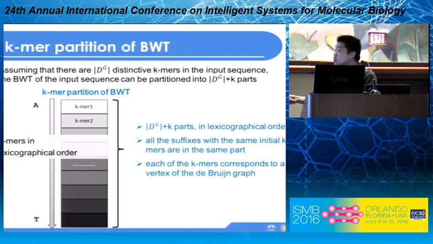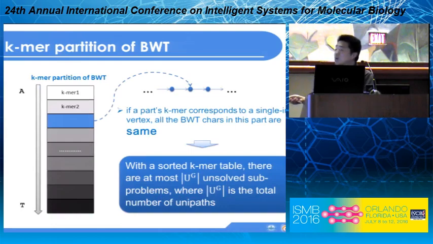And each of the k-mers corresponds to a specific vertex of the de Bruijn graph. With this definition, we have an interesting fact: if a part's k-mer corresponds to a single-in vertex, according to the definition of BWT, all the BWT characters in this part must be the same. That's easy to justify with the de Bruijn graph, as all the previous characters must be the first character of this vertex, so it is the same.